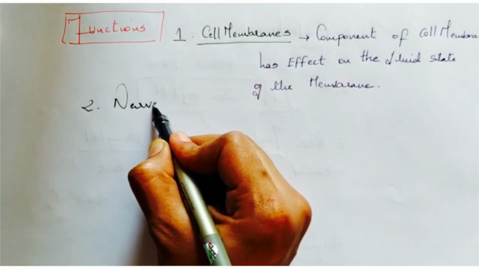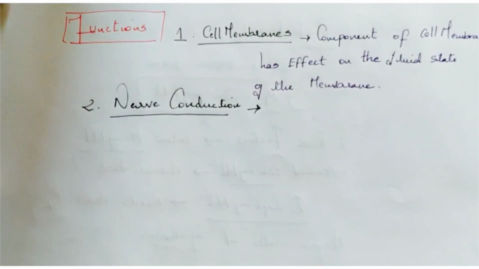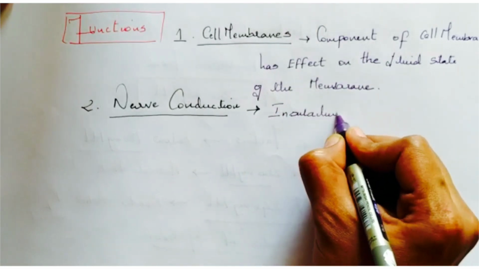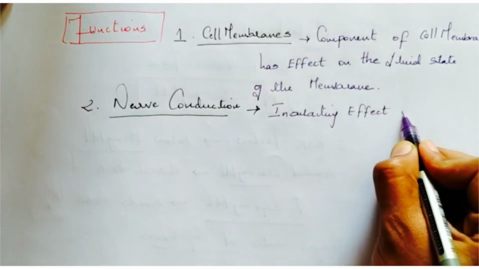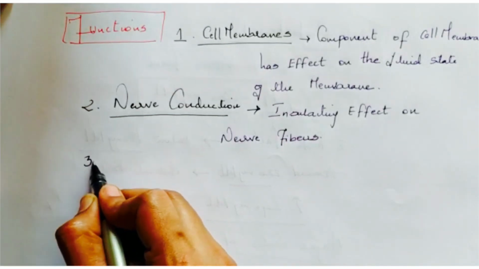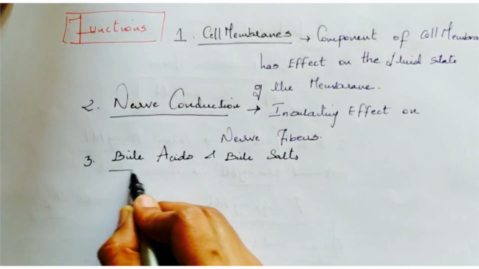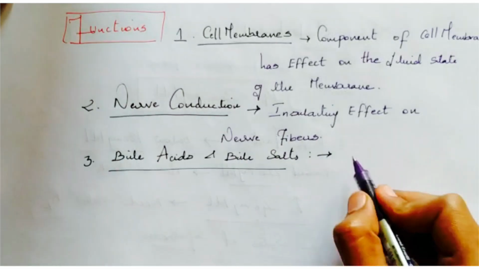In nerve conduction, cholesterol has an insulating effect on nerve fibers. Bile acids and bile salts are derived from cholesterol.